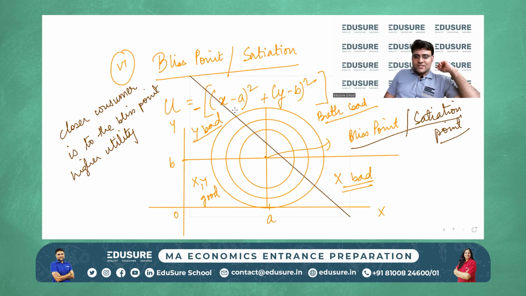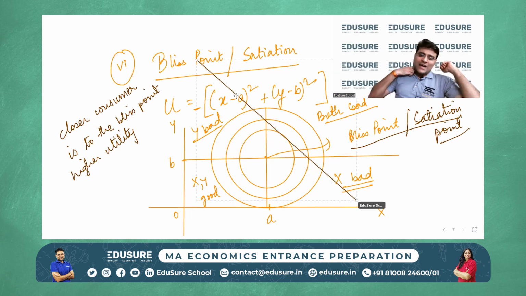If the bliss point is achievable, I will choose to consume the bliss point. Why should I spend more money if the bliss point is the best point that gives me the highest utility? It's better that I waste the money and consume at the bliss point. That will give me a higher utility, right?